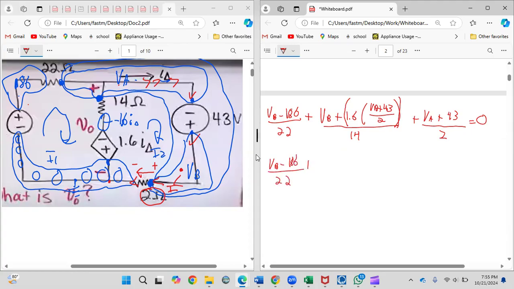So I get VB is the last line on the right on 22, and you have plus VB plus, and 1.6 by VB on 2 is 0.8 VB, and then 1.6 by 43 on 2 will give you 34.4. All being divided by 14, and you plus VA plus 43 on 2, and you make it equal to 0.